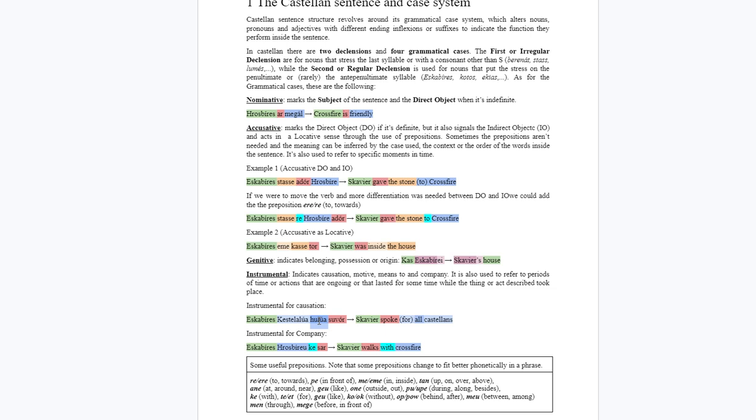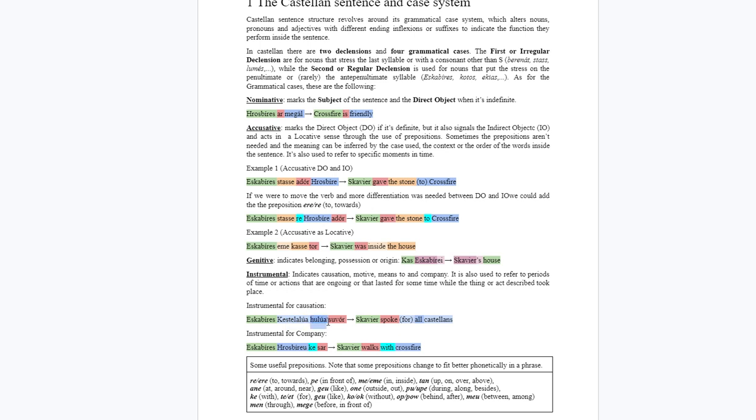But notice here that the adjective all is also declined. It also changes and adopts the form of the noun that it is describing. This all refers to the Castellans, all the Castellans. But notice here that it also changes. Castellalua hulua.